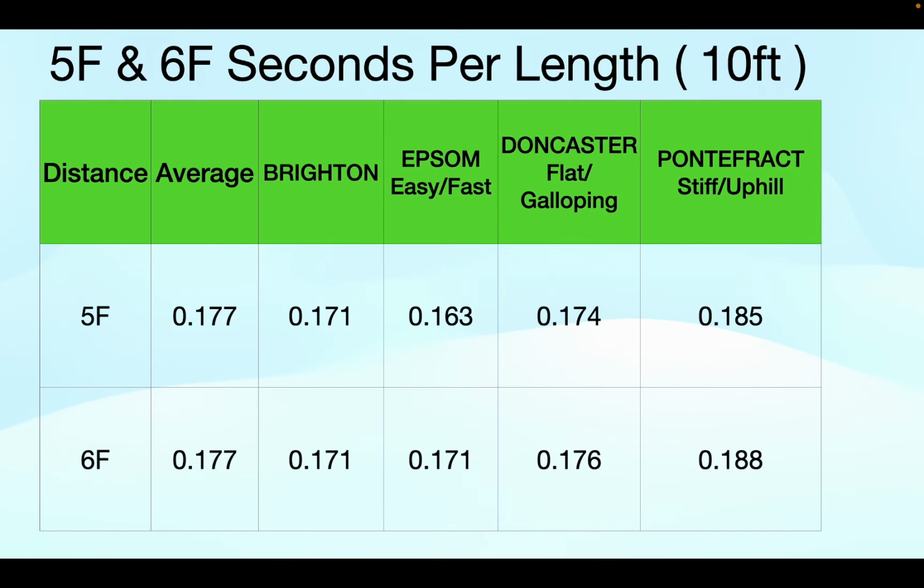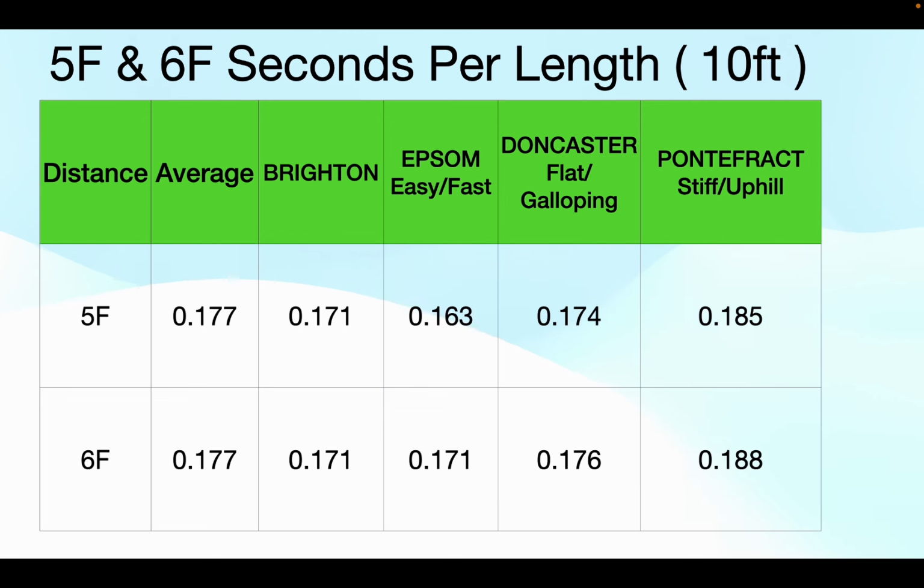Okay, this is how long it takes a horse at Brighton according to standard times to travel 10 feet. As you can see, Brighton is almost on a par with Epsom, but the 5 furlong and 6 furlong are identical times almost. Well, they are 0.171. It's a very fast track, and what it is, the 5 furlong starts almost on a bend, so that the horses are not able to get into a fast stride.